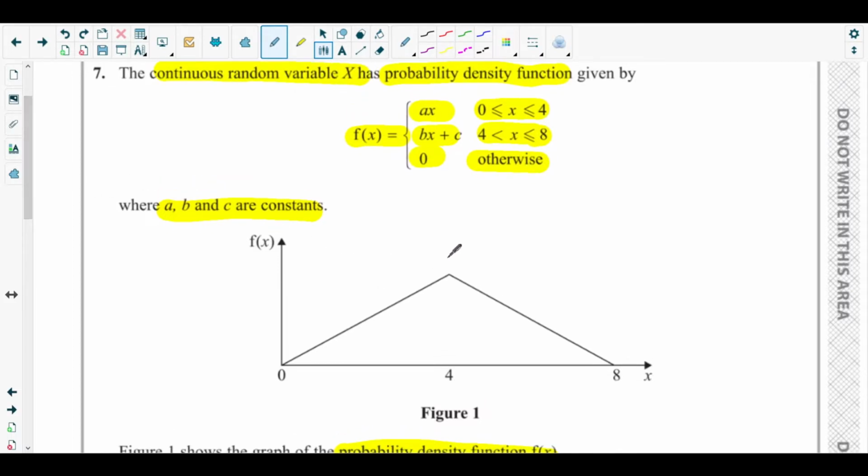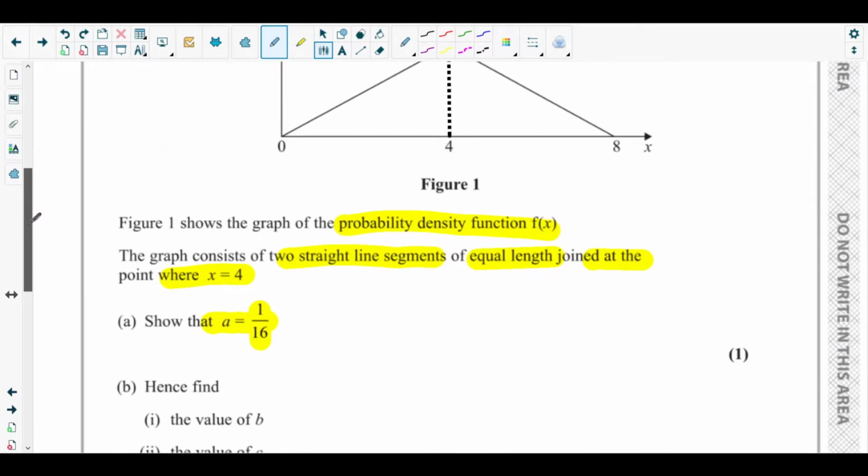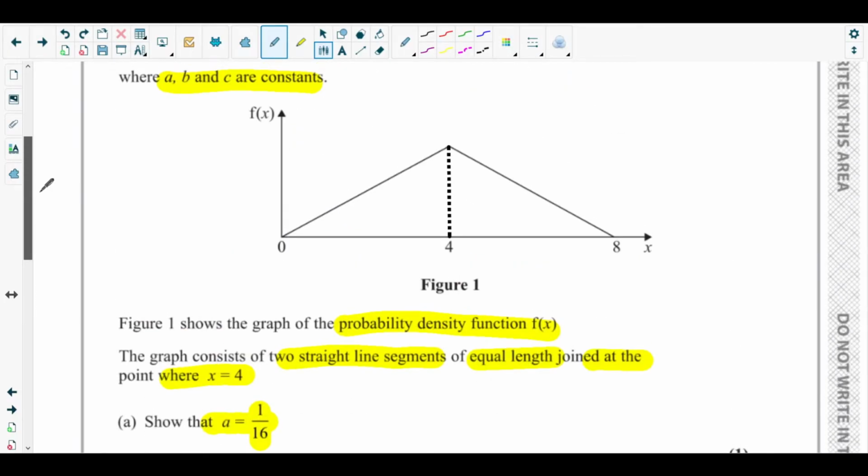Since it's an isosceles triangle, the total area can be divided into two parts. That's basically half of the total probability, right? So we can write half times base times height.